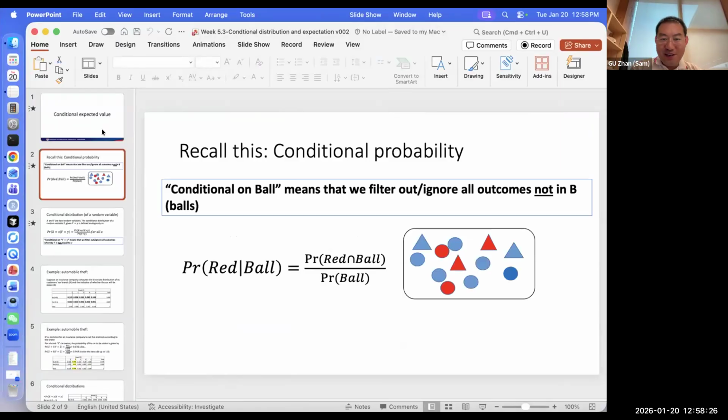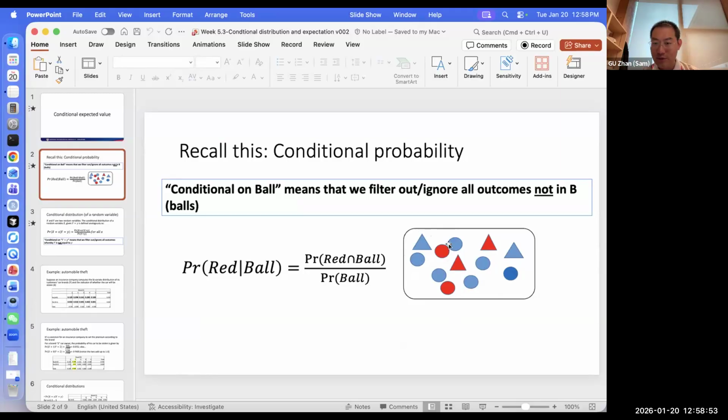Recall we still have the conditional probability: the probability of an object being red when we know the object is a ball. Given the ball, we know it's a ball. Our rule of thumb is that when you see the condition, it's a ball, you remove all the triangles and retain only the balls. We have eight balls.